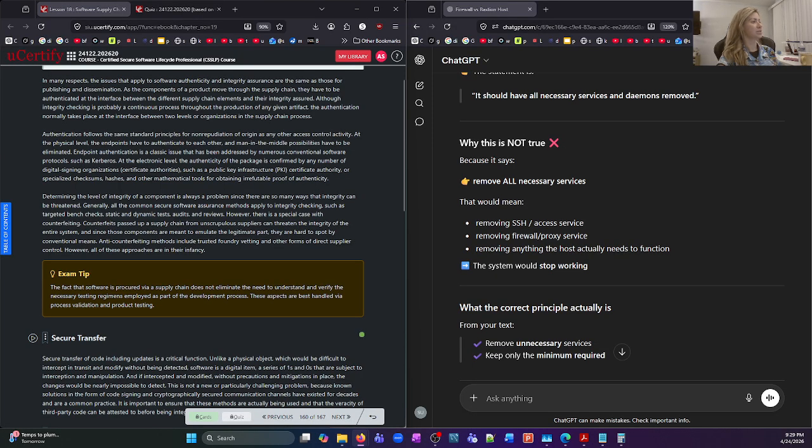Authenticity of the package is confirmed by digital signing organizations, certificate authorities such as public key infrastructure, or specialized checksums, hashes, and other mathematical tools for obtaining irrefutable proof of authenticity.